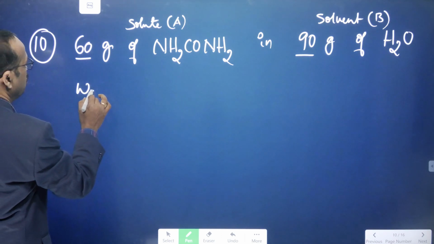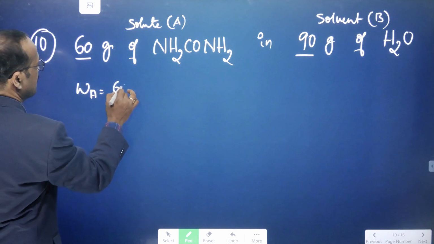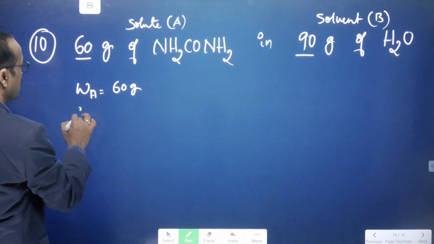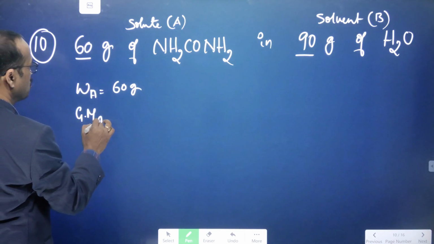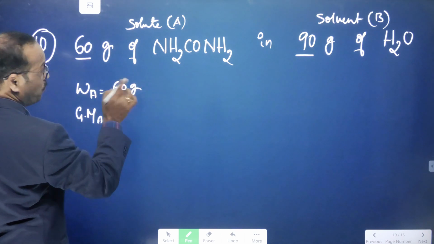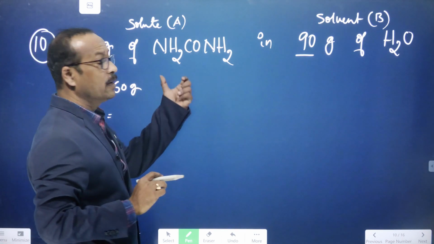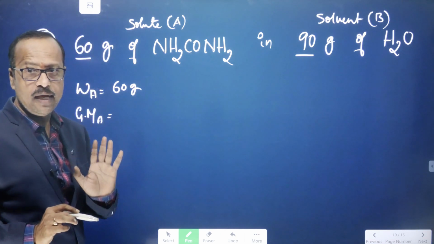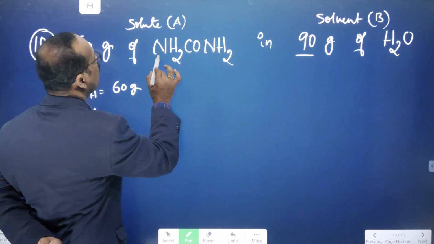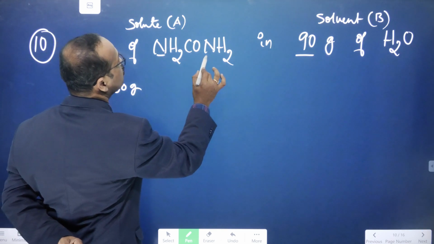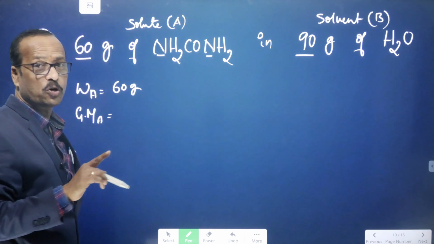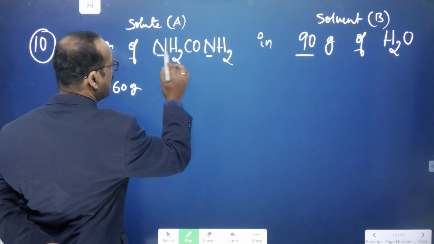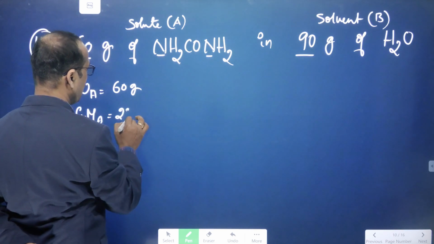Now see here, weight of a solute is equal to 60 grams. It is given. Next, gram molecular weight of a solute we have to find. So how to find? Molecular weight is nothing but a sum of the atomic masses of all the elements. So how many nitrogens are there? 2 nitrogens. Each nitrogen atomic mass is 14. So 14 twos are 28.